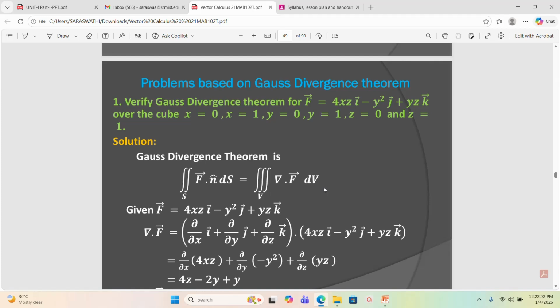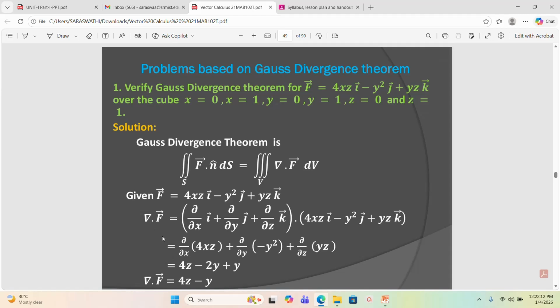Now this is the given f vector, 4xz i minus y square j plus yz k vector. Now del dot f vector. We have the formula for del: dou by dou x i plus dou by dou y j plus dou by dou z k vector, dot f vector 4xz i minus y square j plus yz k vector.